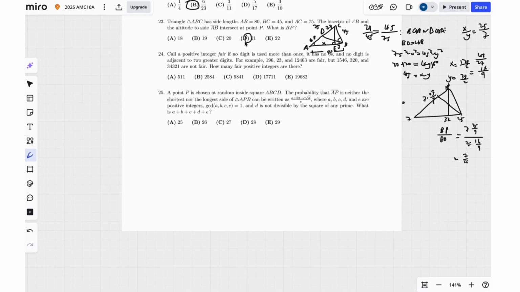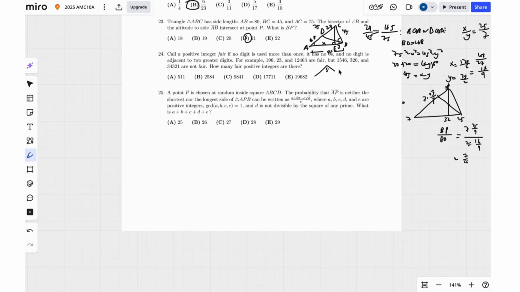Now next, for problem 24, this is a cool counting problem. So we can just focus on the largest number, because for it to be fair, the numbers kind of need to go like this, where there's a peak. So let's consider the number of the peak. So let's say it's 5 as an example.